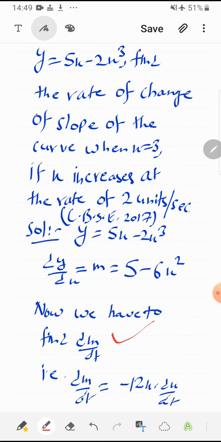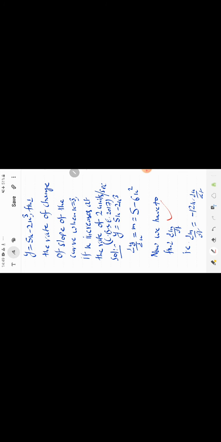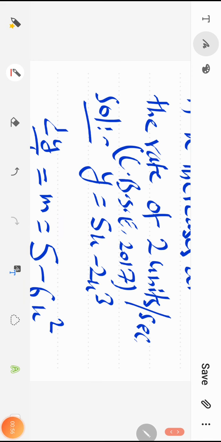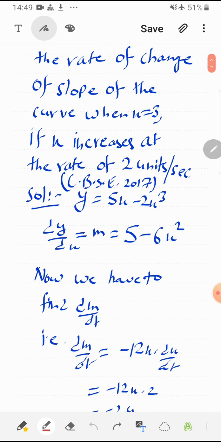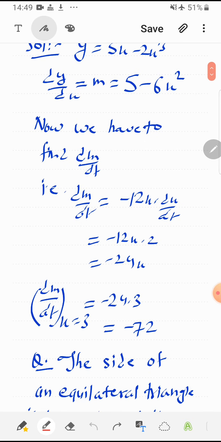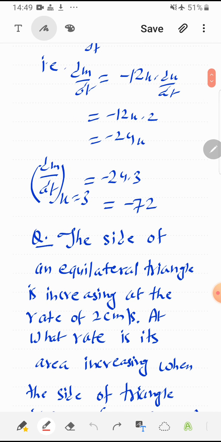For this I am differentiating it again, obviously with respect to time t, so that it is dx by dt along with minus 12x. I am putting the value of dx by dt, which is 2, as given in the question, so the final answer is minus 24x, and when x is equal to 3 is substituted, as given in the question, the final answer is minus 72.